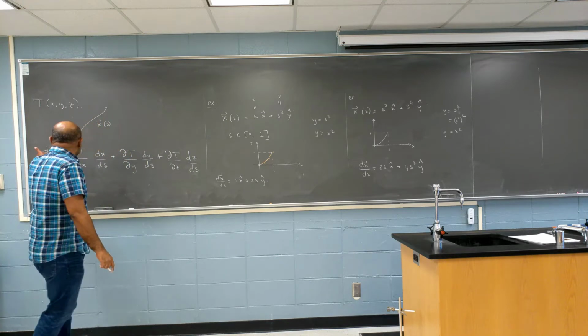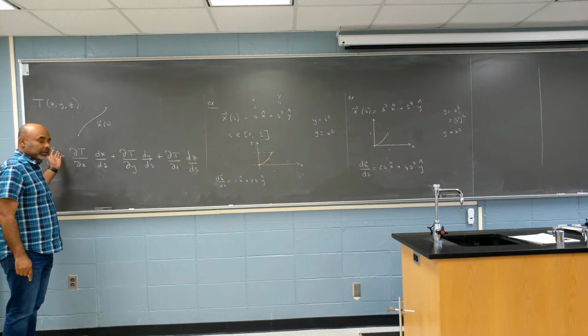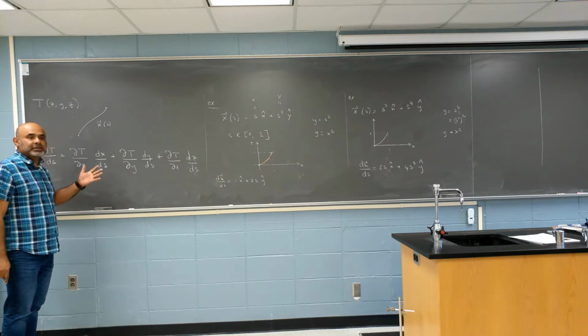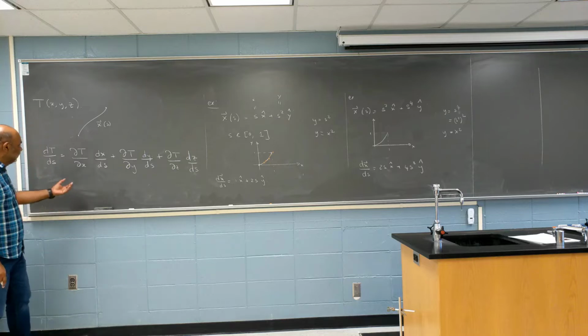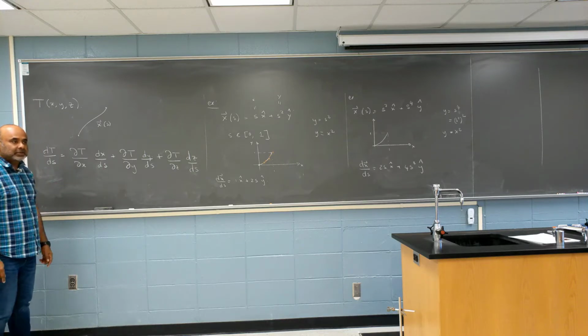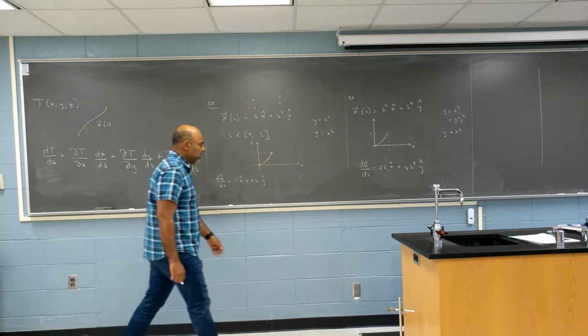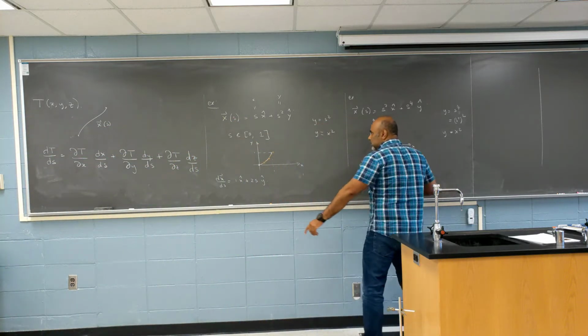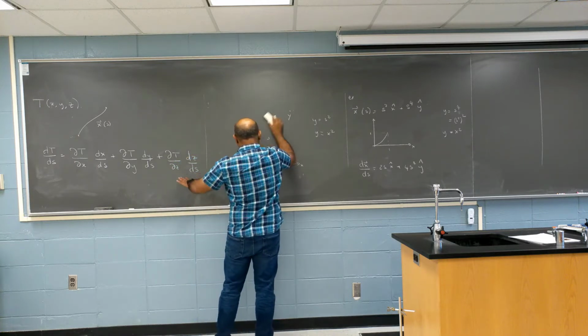If you compute the change in T, you will get the same answer if you use both of the curves. So this actual dependence does not matter. Now you might say, well, how will I get the same answer? Well, this expression is important, so I'm not going to erase that.